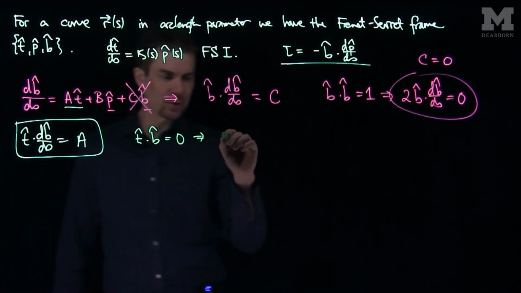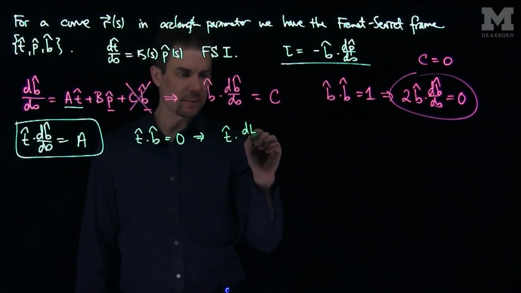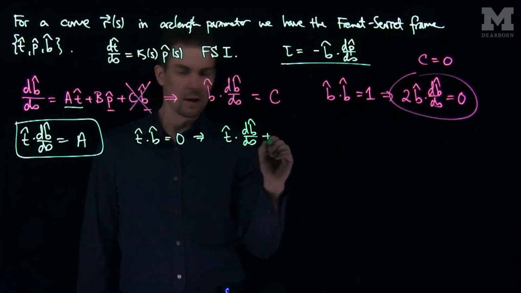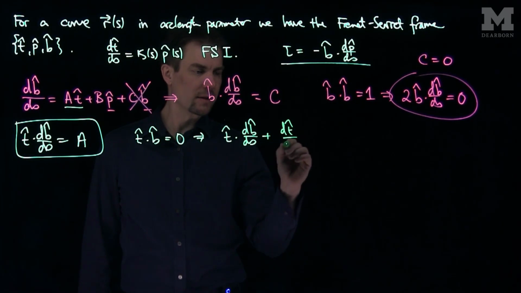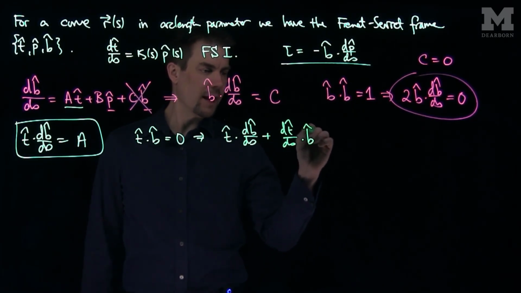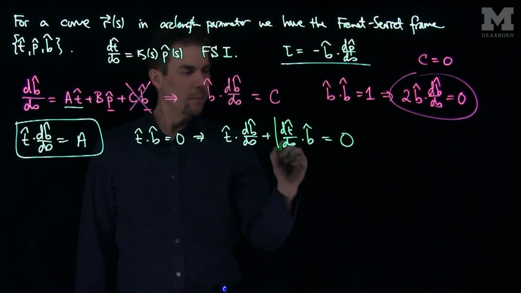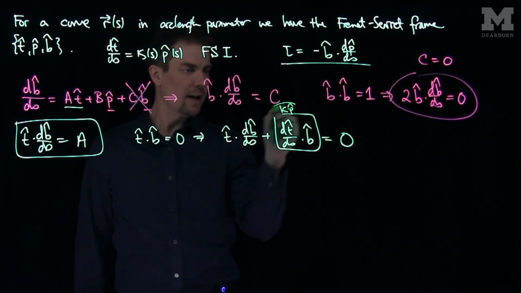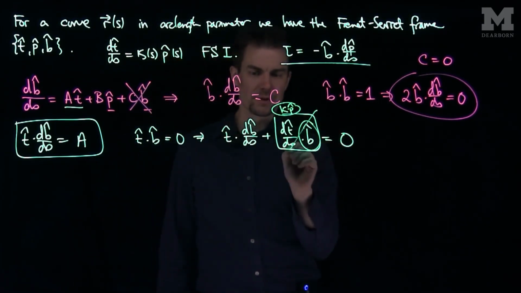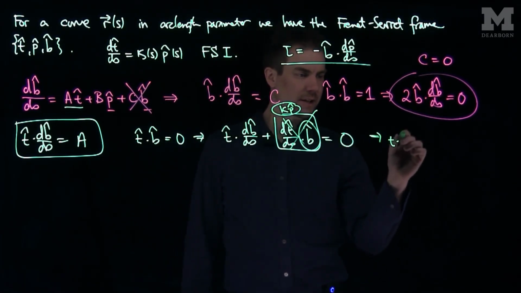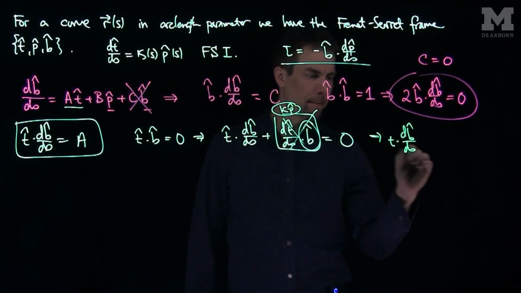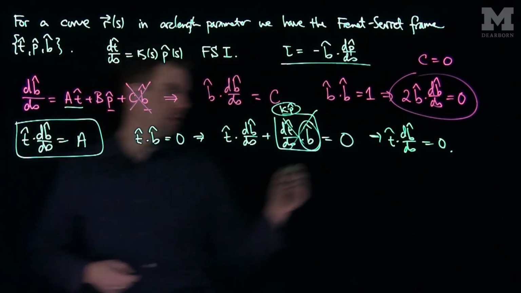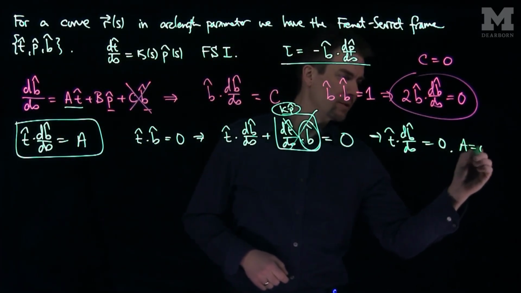So if we differentiate this, we'll get t hat dot dB ds plus dt ds dot b hat, and it's equal to 0. But dt ds is the curvature times p hat, and p dot b is equal to 0, so that term is 0. So we can conclude that t dot dB ds is equal to 0. So this a is equal to 0.